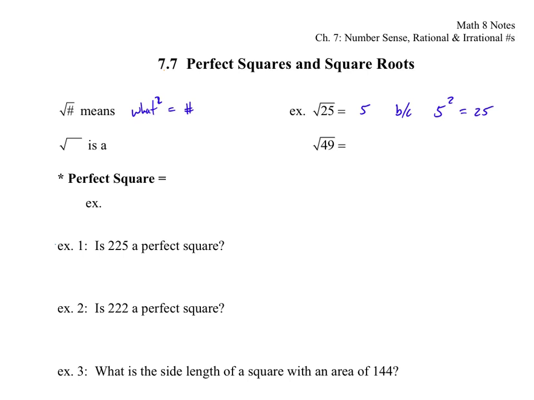What squared equals the number underneath? Whatever you're going to square, in this case 5 in our example, 5 squared equals the number underneath. What do I mean by underneath? Underneath the square root symbol. It's not division, it looks different.